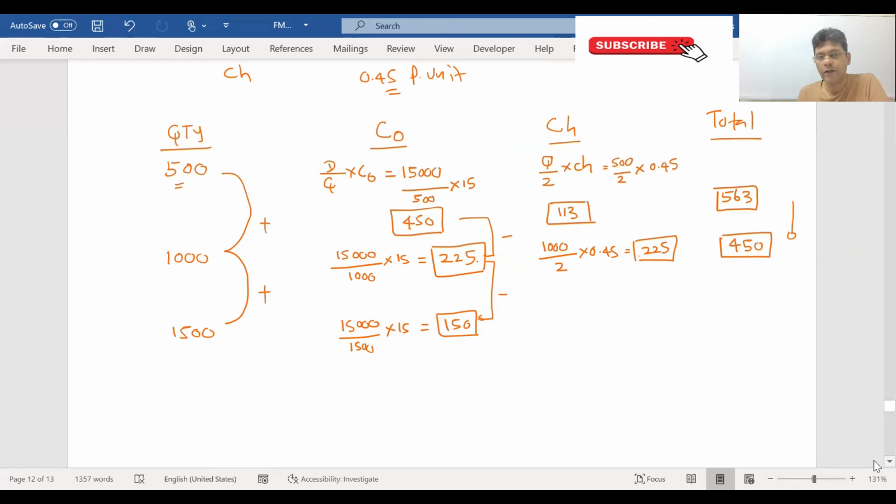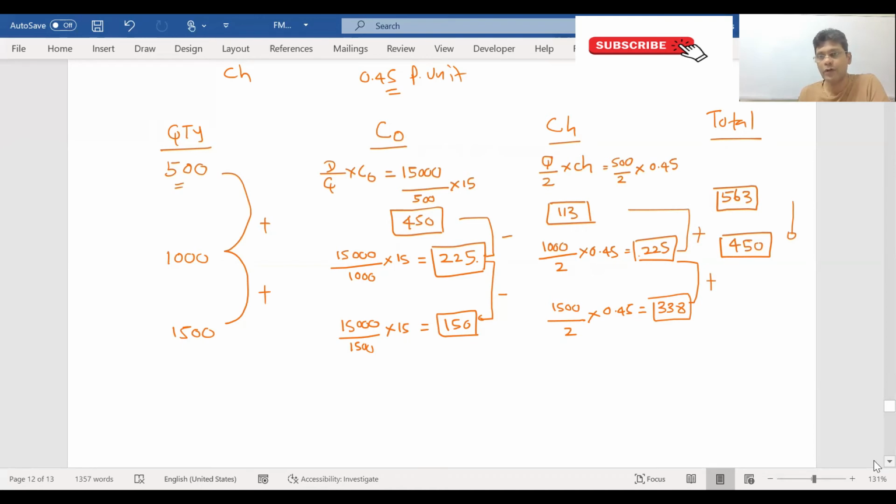Now let's calculate the holding cost. As you are ordering 1500, the average stock you have to maintain times 0.45 will give you 338. Now here the trend is, as you increase the order quantity, your holding cost also increases, because when you order more quantities you need more storage facilities.